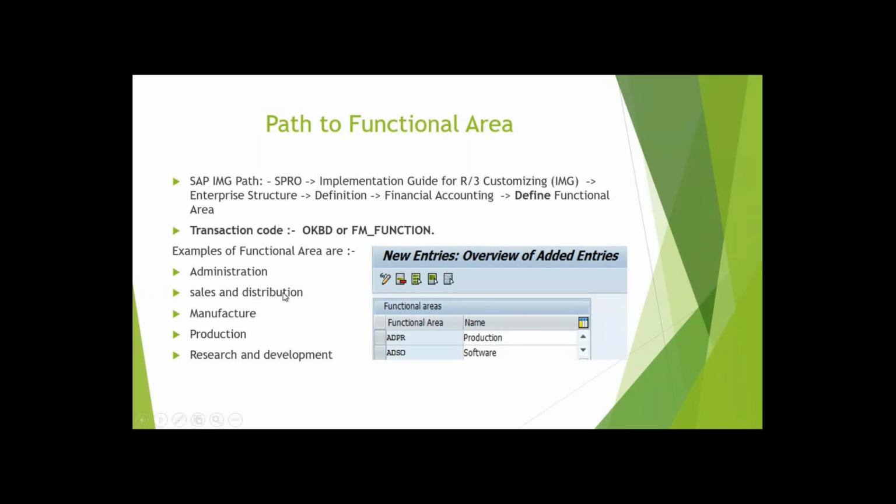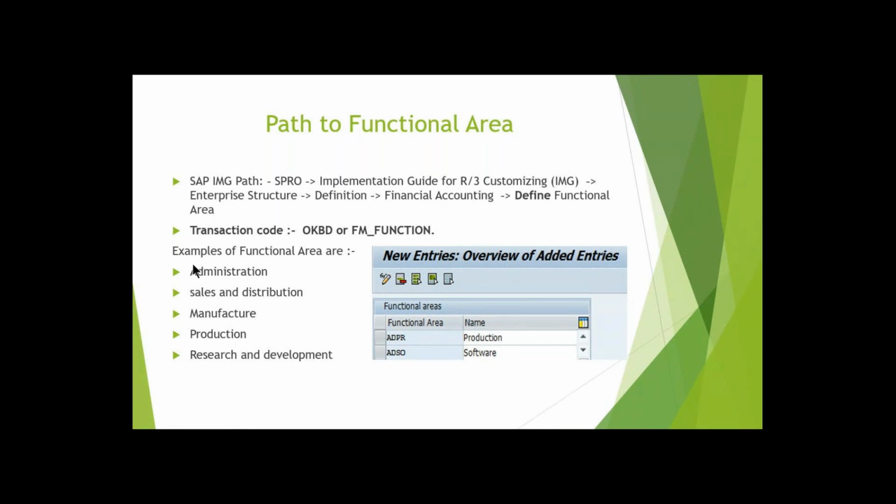Administration, sales and distribution, manufacture, production, research and development. Like this, you will be creating different types of functional areas. Whatever administrative expenses or administration transactions you have, you do under the functional area of administration only. We don't want to select any other.